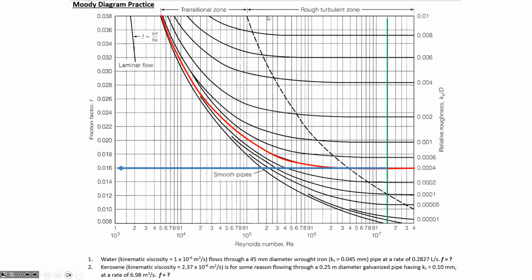So we are in the rough turbulent zone, where it's only the relative roughness that affects the F value. That it could be even higher Reynolds number, but the F value would be the same. So 0.016 is the F value for this second case with kerosene.